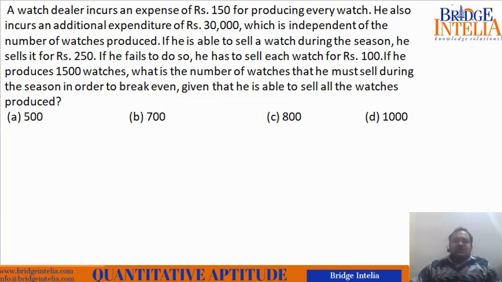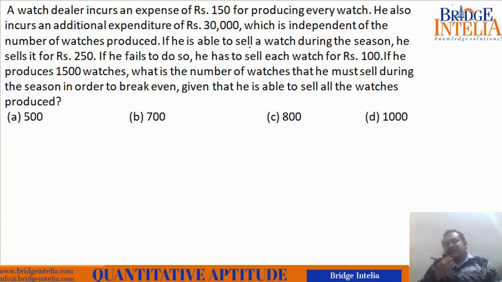A watch dealer incurs an expense of rupees 150 for producing every watch. He also incurs an additional expenditure of rupees 30,000, which is independent of the number of watches produced. If he is able to sell a watch during the season, he sells it for rupees 250.